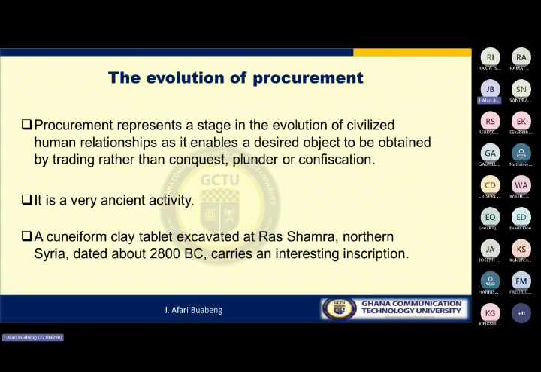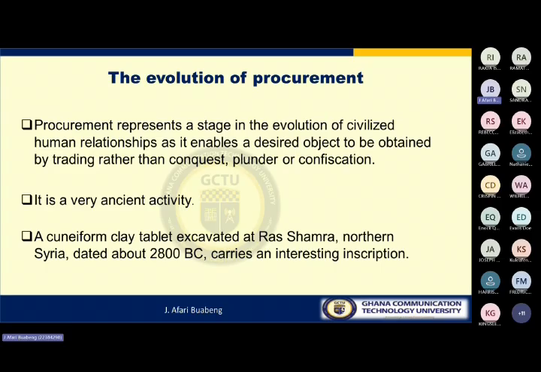We can say that procurement represents a stage in the evolution of civilized human relationships, as it enables a desired object to be obtained by trading rather than conquest, plunder, or confiscation. So many years ago, if an individual wanted to get anything, the person could use conquest.